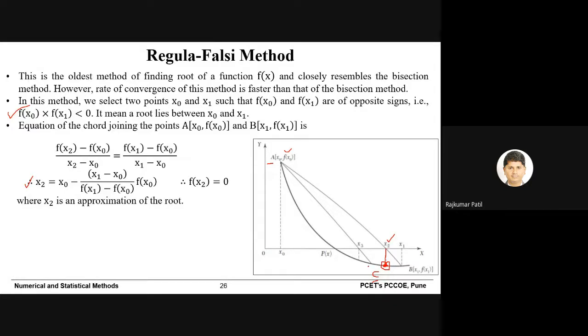In this case, this condition is true, but in many cases, this condition will not be true. So in that case, we will check whether the product of f of x2 and f of x1 is less than or equal to 0.